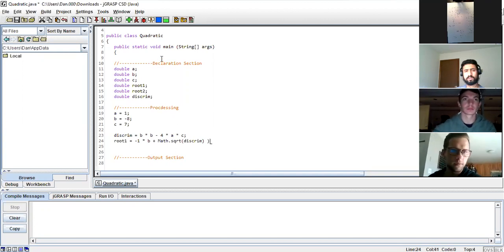Okay. Now, this whole numerator, -1 times b plus the square root, has to be divided by something. So what I did is I put parentheses around that entire numerator.